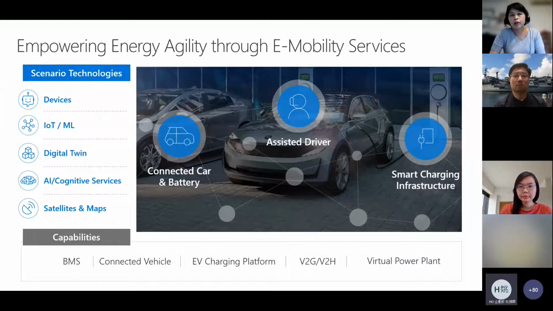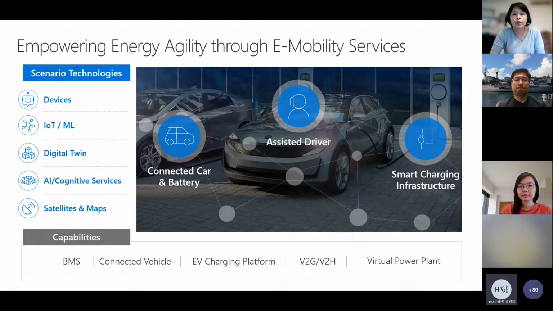And the second persona is the driver, the buyer, which I would say is maybe the most important part. When I'm driving an electric vehicle, my biggest concern is always range anxiety, right? I don't want to have range anxiety while I'm driving.